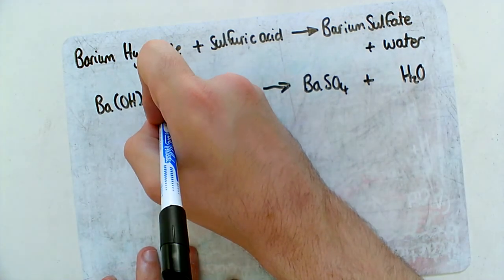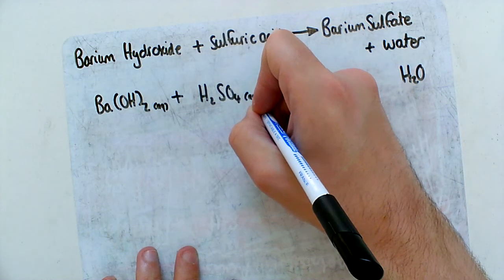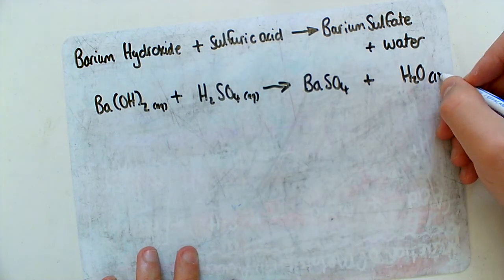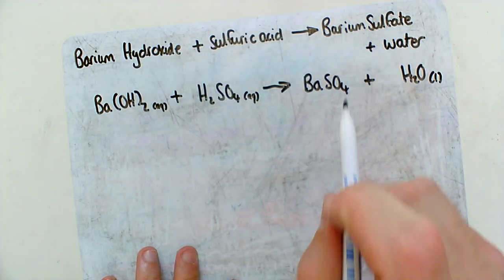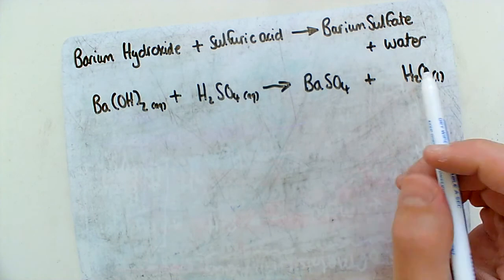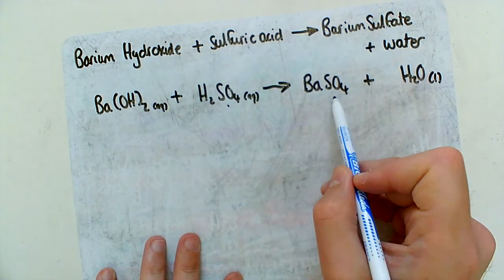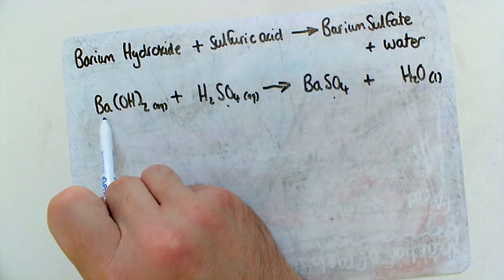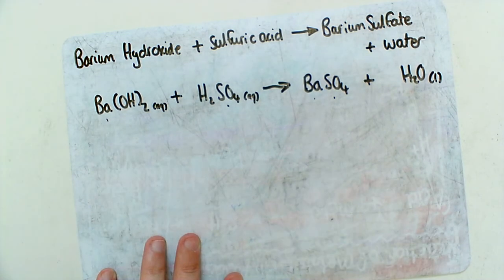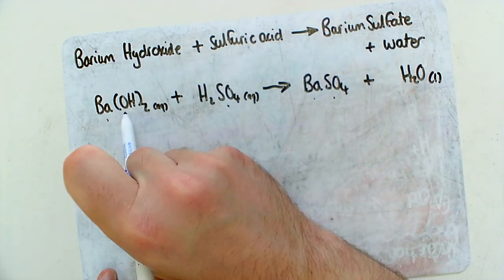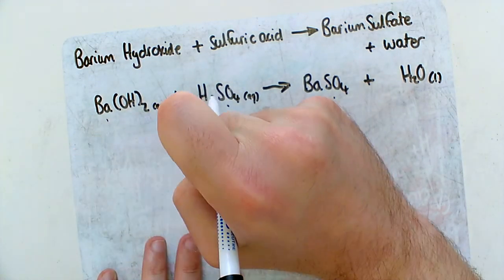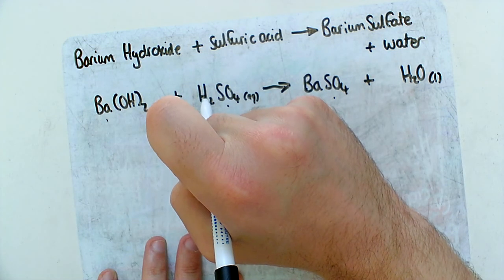Now that's AQ, that's AQ, that's liquid. Before we look at this, we need to balance the equation. So we've got a sulfate here, that's fine. We've got 1 barium here, we've got 1 barium here. We've got 2 hydroxides and 2 hydrogens.